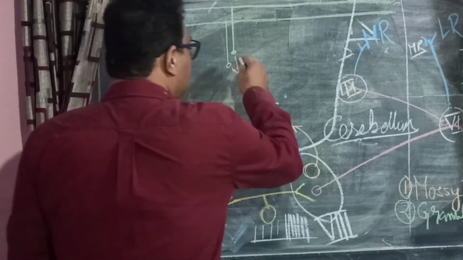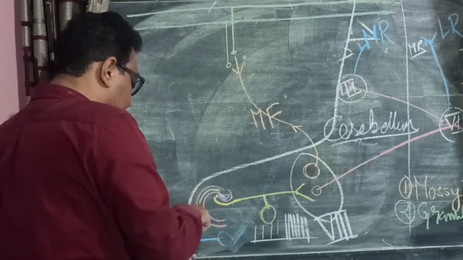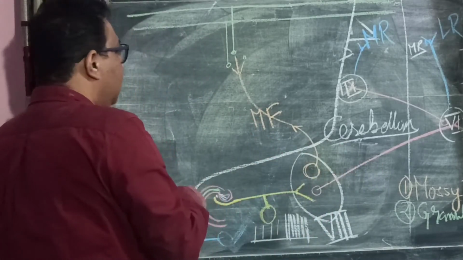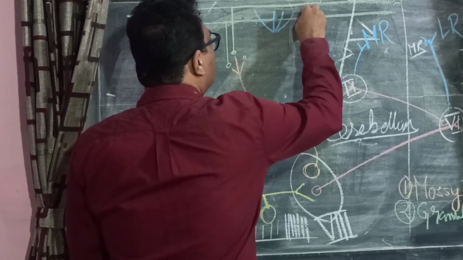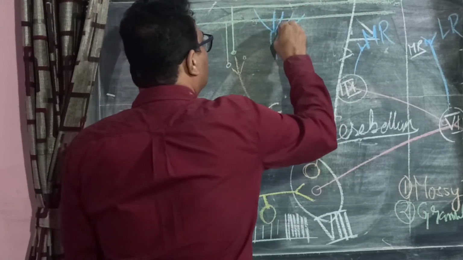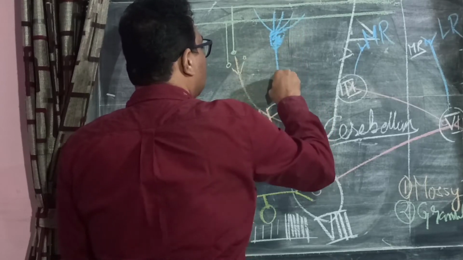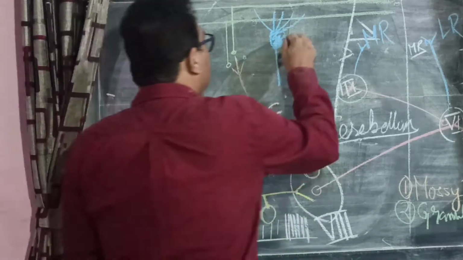So mossy fibers, then granule cells. What next? Very importantly, we have now Purkinje cells.